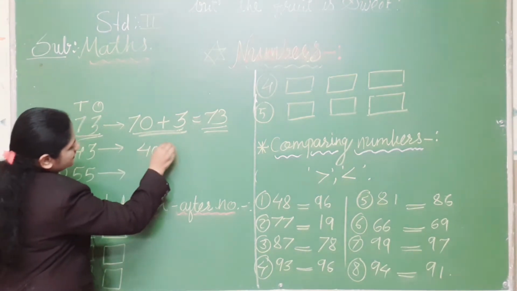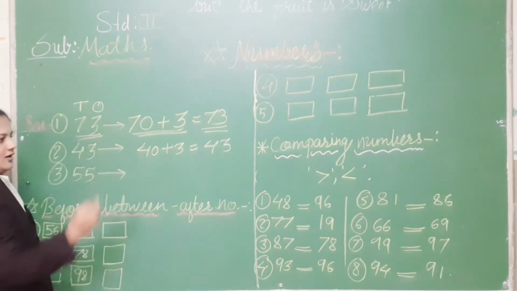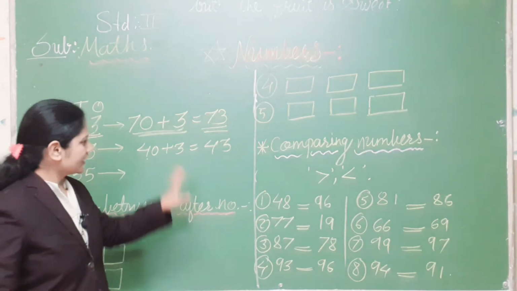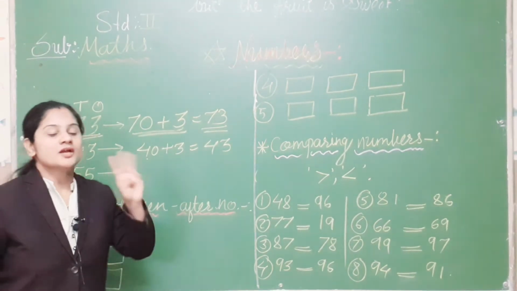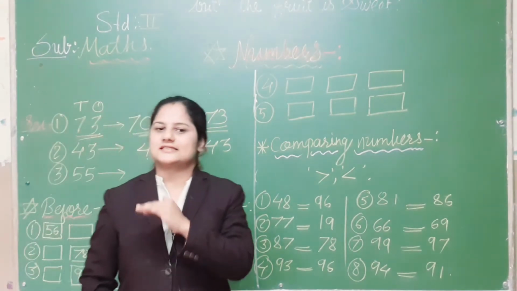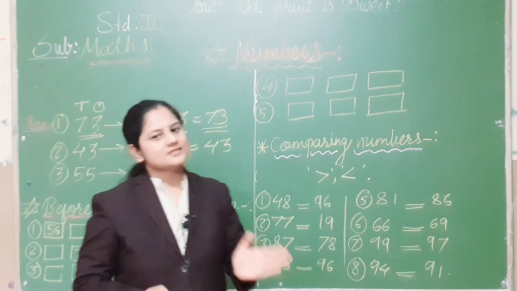43, 40 plus 3 is equal to 43. 40 plus 3 is called the expanded form. This 40 plus 3 we can also expand in other ways, that is 10 plus 10 plus 10 plus 10 plus 3, that is 43.